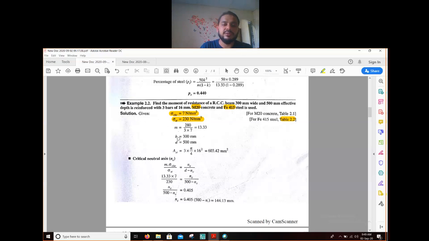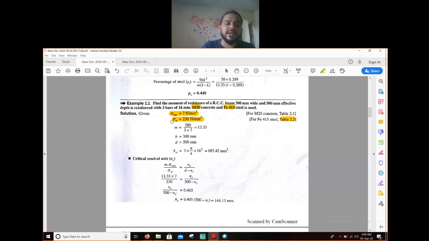Now in this question, the width of the beam is given, 300 millimeter, and 500 millimeter effective depth, so small d is given. Also it is mentioned that you are using 3 bars of 16 millimeter diameter. So the total area of steel will be 3 into the area of 1 bar, pi by 4 d square.